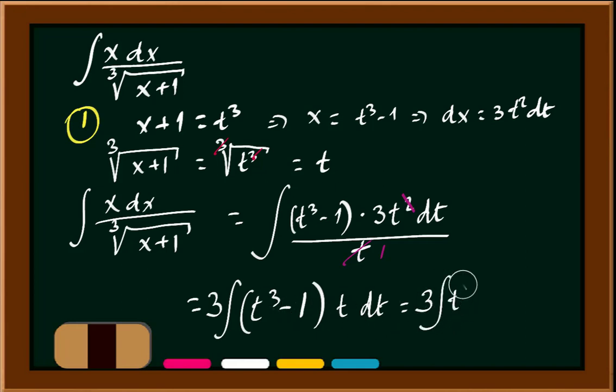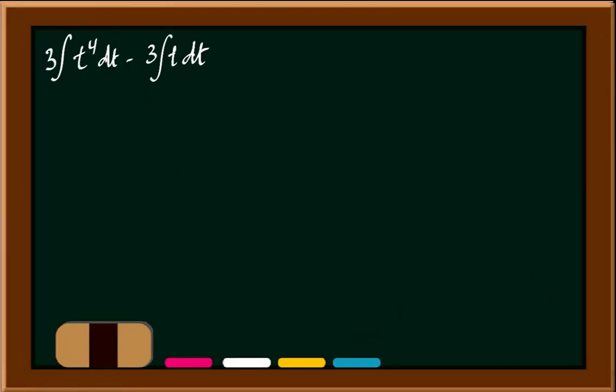I get 3 times the integral of t to the power of 4 dt minus 3 times the integral of t dt. Okay, so that is simple. Now we can just apply the formula and find the result of this integral.